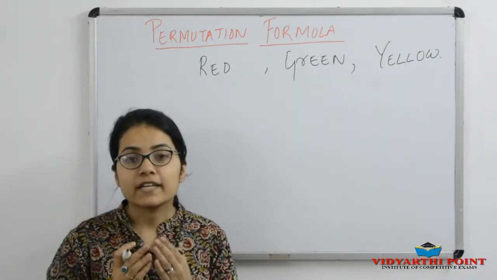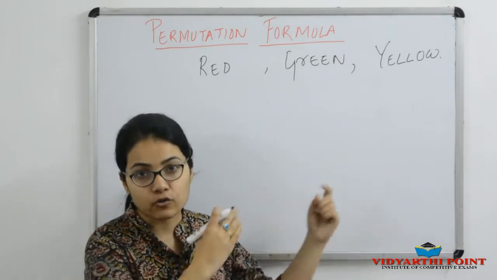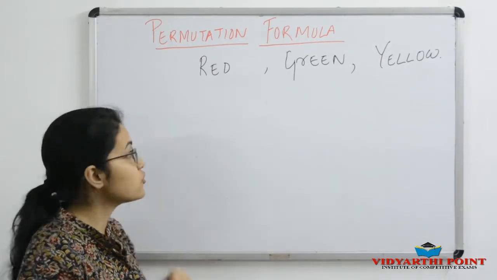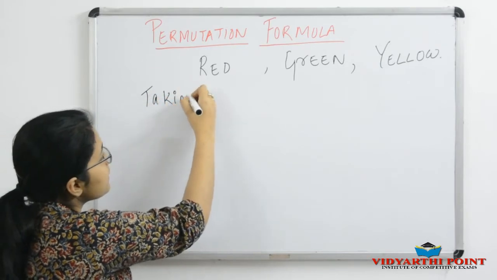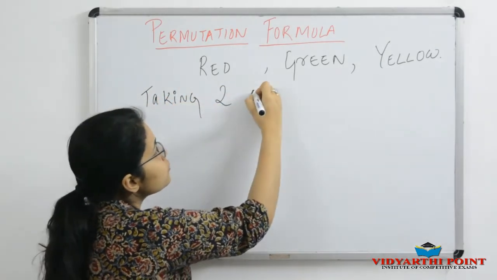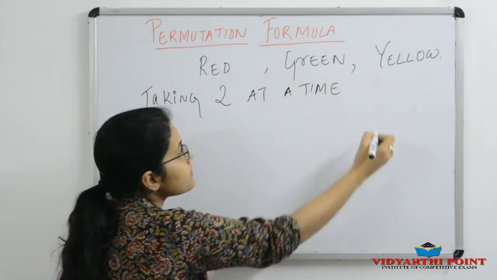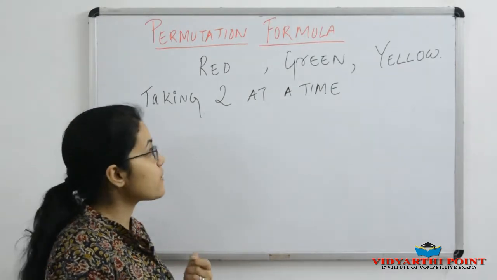That is, you will be given a question about balls where you have to arrange them, taking some of the number at a time out of all the numbers. Here these three balls are to be arranged taking two at a time. Out of three you have to take two in the arrangement.